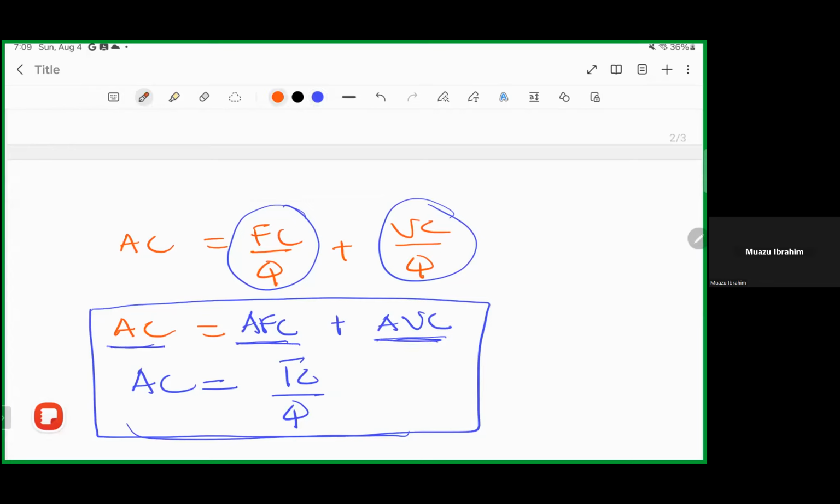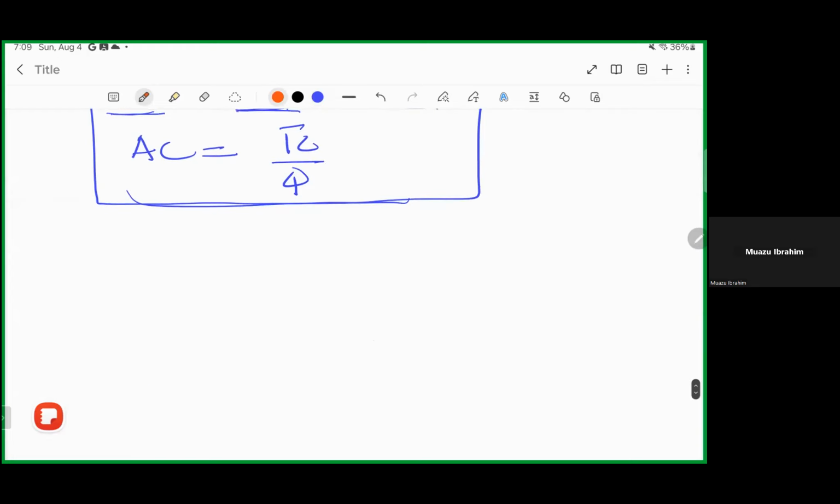Now, the last and most important cost function that we are going to look at is the marginal cost. And what is the marginal cost?